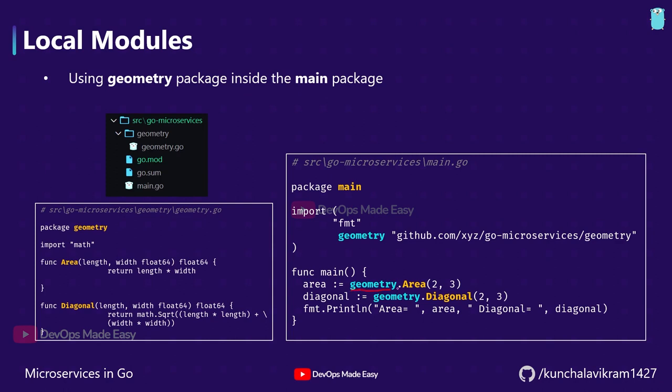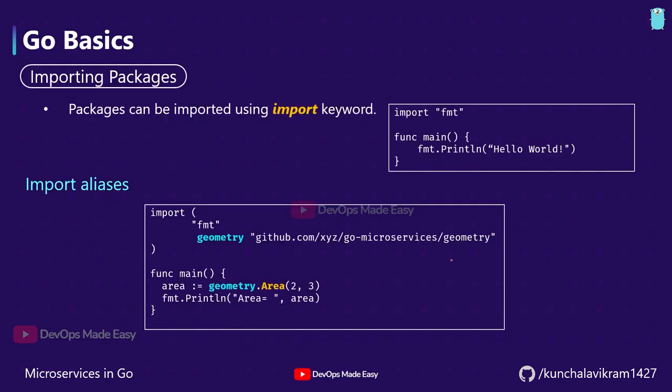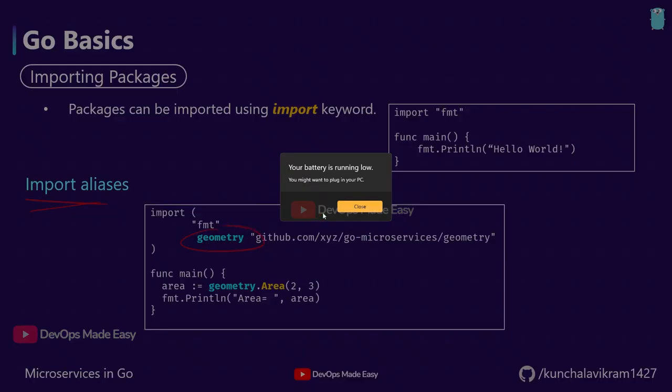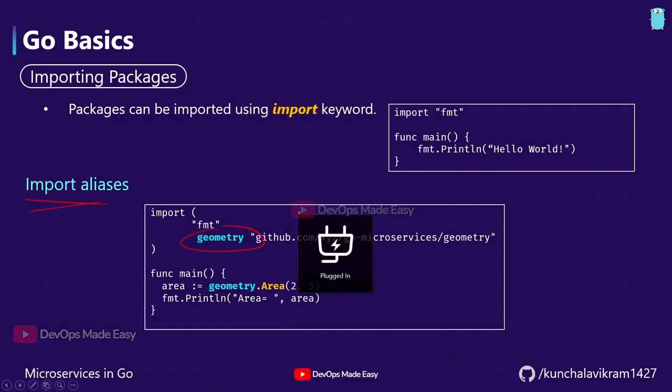So it is the name of the package, dot, and the various functions. So this is how you do it. The first one is you create an import alias called geometry, and using that you can call it.